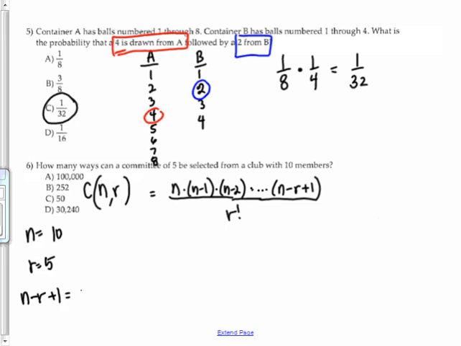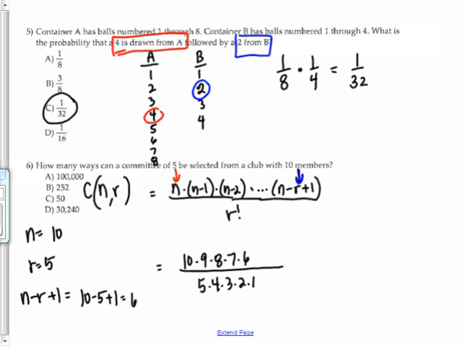If you fill that in, that's 10 minus 5 plus 1, or 6. So on the top, you start with n, which is 10, and you keep counting down until you get to 6. So you're going to do 10 times 9 times 8 times 7 times 6. On the bottom you have r factorial. Well, r is 5, so you have 5 factorial, which is 5 times 4 times 3 times 2 times 1.